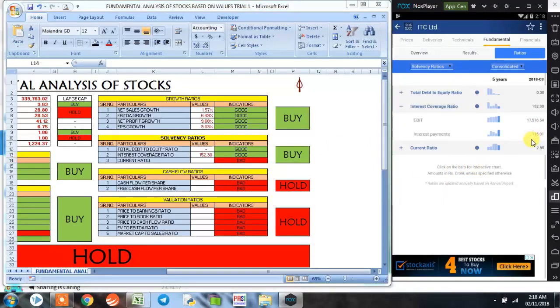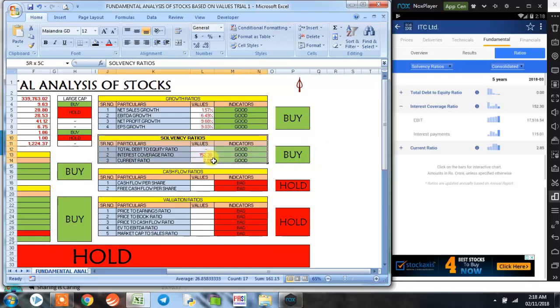When we click on 152.3, we get to know that the earnings before income tax is around 17,516 crores, whereas the interest that the company is paying is a mere 115 crores. Now coming on to current ratio, which is 2.85. So clearly solvency ratio has given us a signal to buy this stock at this point of time.